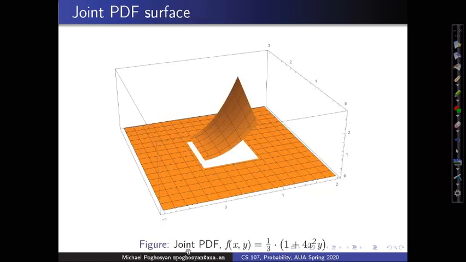Okay, so this is the joint PDF graph. You can see that this is the x-axis, and here the y-axis. X is between 0 and 1, y is between 1 and 2, and otherwise f is 0. So this surface coincides with the XOY plane, except this portion, and in that portion our surface has this form.